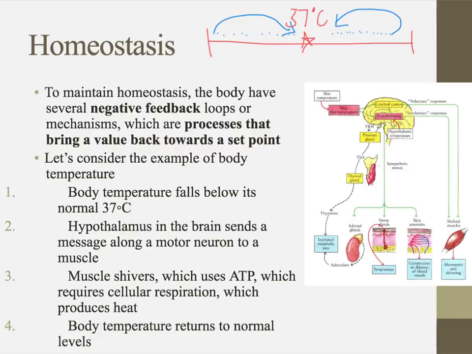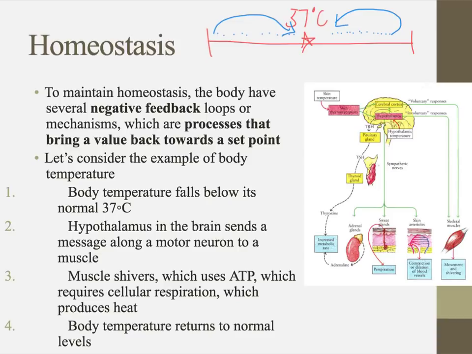So for example, with body temperature, if your body temperature falls below the normal 37 degrees, the hypothalamus, which we've talked about a lot with some other body processes, is going to send a message along a motor neuron to your muscle. The muscle is going to start to shiver, which is a series of fast muscle contractions. Muscle contractions require ATP. ATP is generated through the process of cellular respiration.